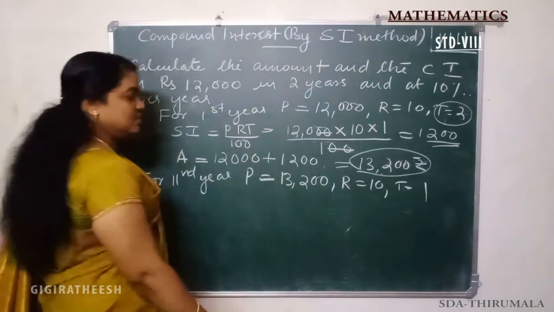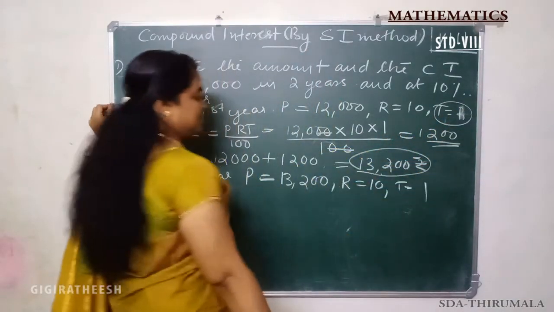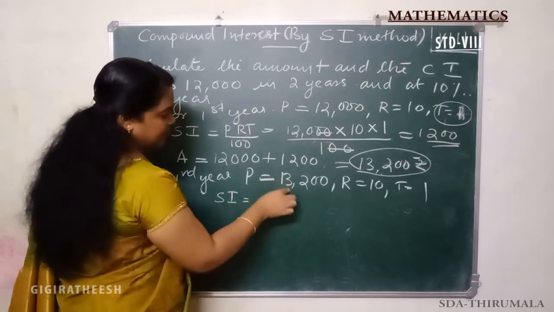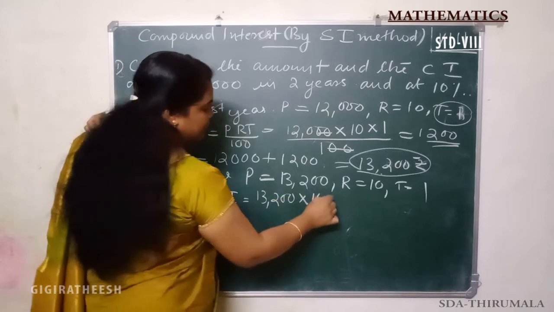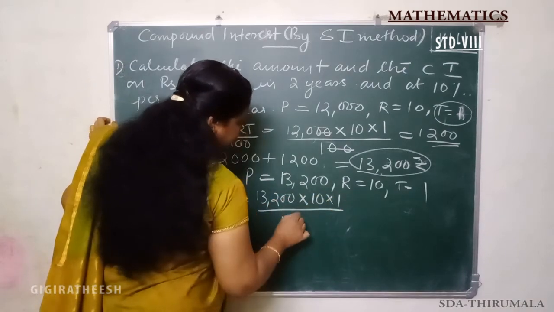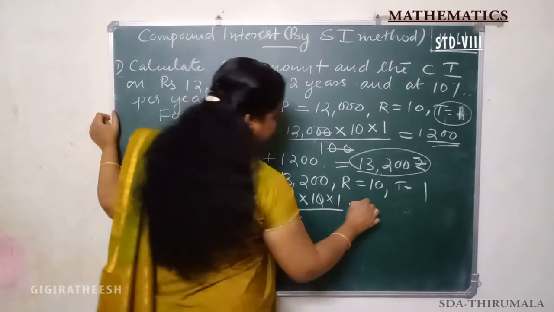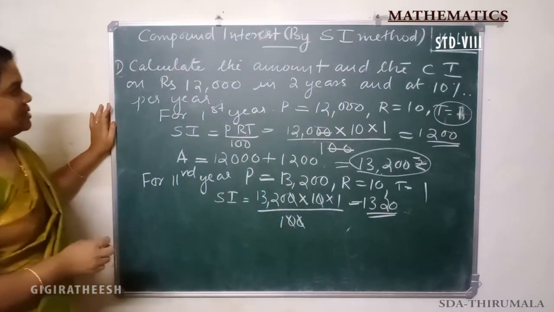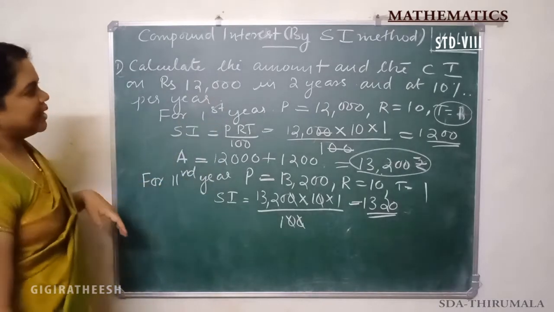Then SI is equal to PRT by 100, that is 13,200 into 10 into 1 by 100. Cancelling this, we get 1320. In this question we have to find the amount and the compound interest.